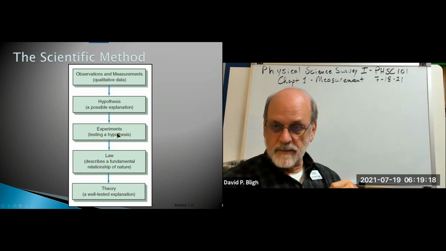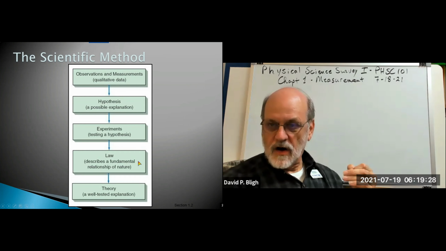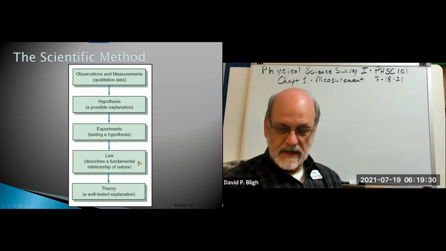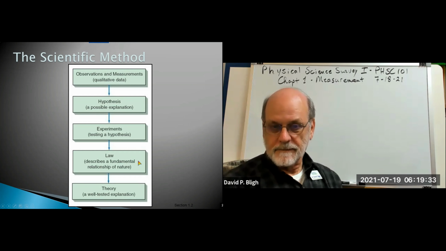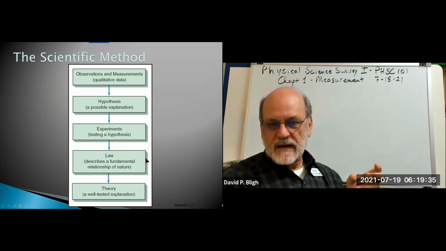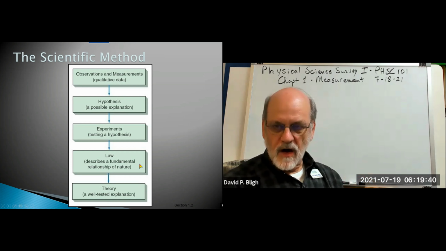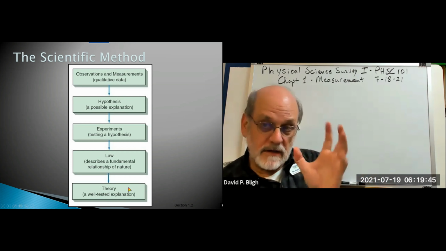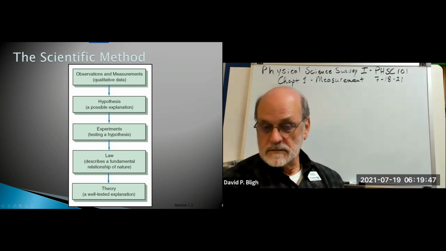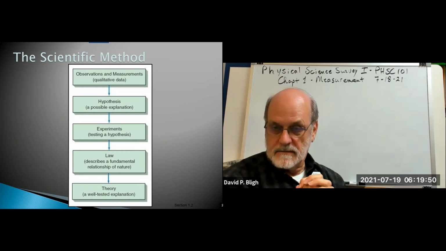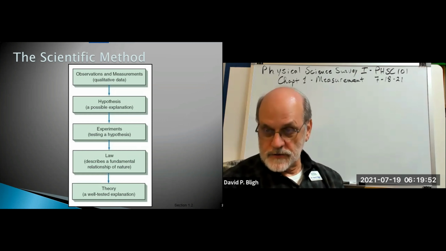Over time, you develop a law that can be applied to these physical phenomena, and the law is valid for most of the observations. And then you modify it if you have to. And then after the law has been tested for quite some time, you may actually put together several laws and devise a theory.